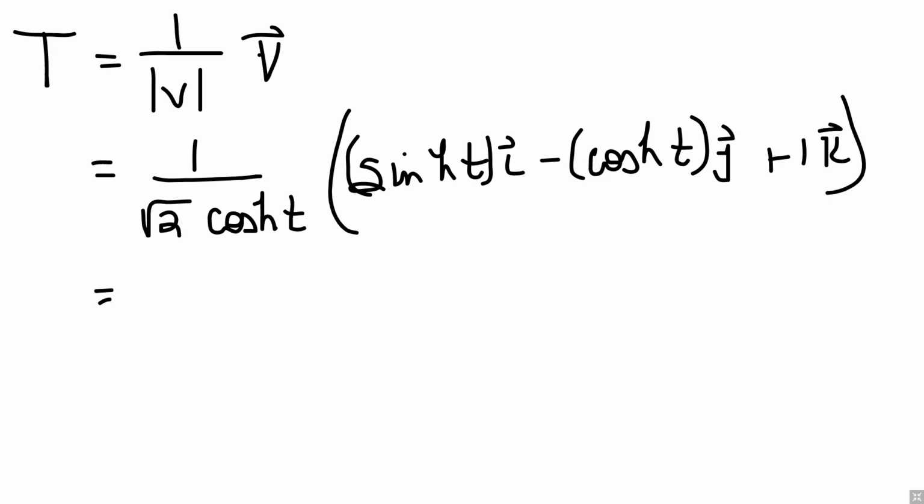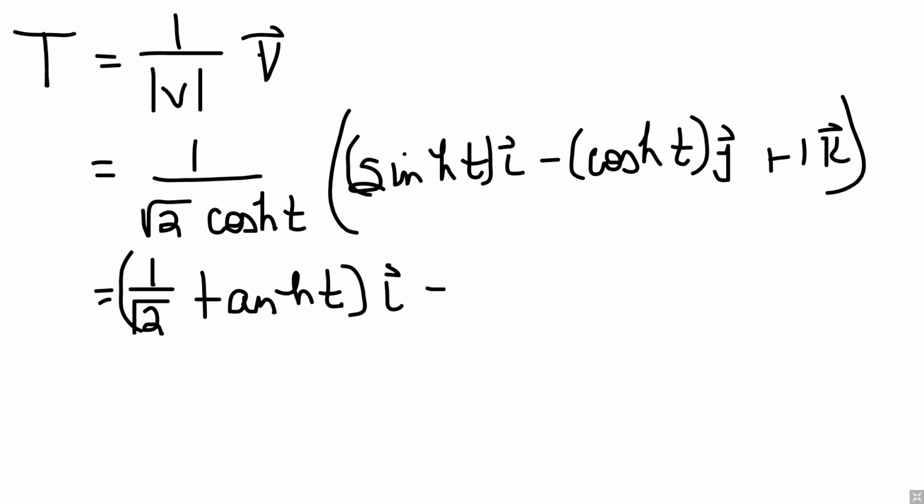Okay, now we do want to multiply this out so it makes our derivative a little bit easier when we are dealing with the unit normal. So we should end up with 1 over the square root of 2 times tangent hyperbolic of t in the i direction, minus 1 over the square root of 2 in the j direction, because the cosine hyperbolics are going to cancel.